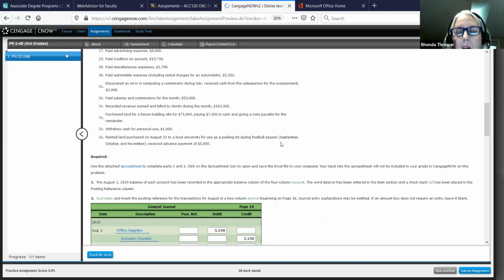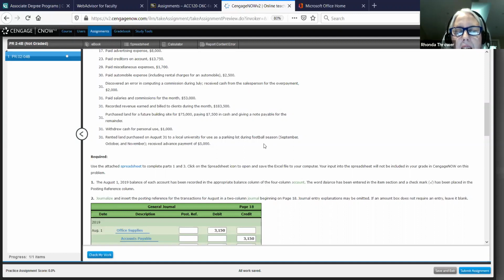But the fact that the revenue has not been earned yet makes it an account that we call unearned revenue. I want you to write this down, class, in your notes somewhere: unearned revenue is a liability account. What you've done is you've received money in advance before you have earned it.